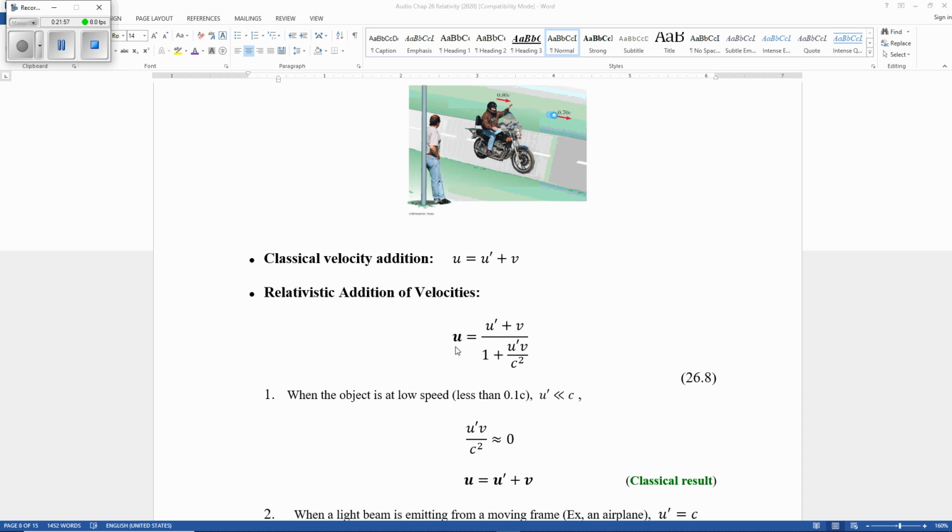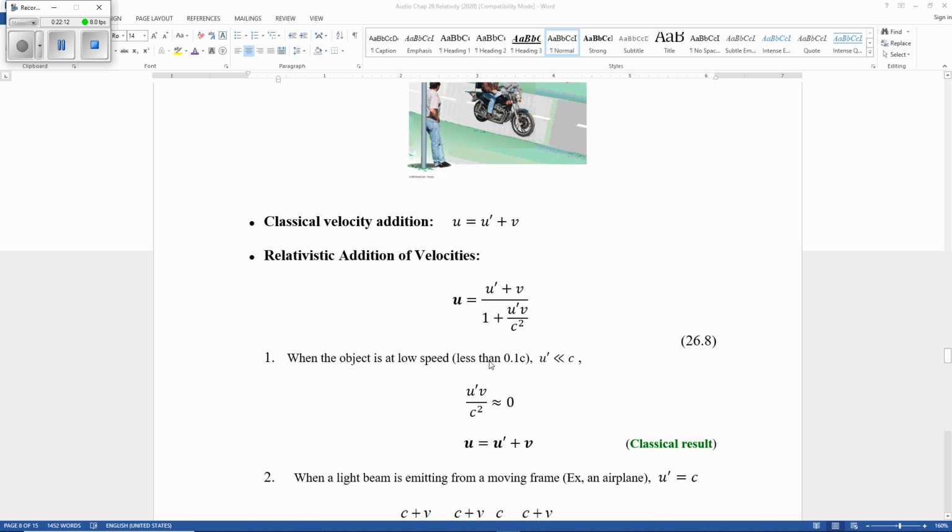And U is the final speed, the speed of the object relative to the Earth. So remember which one is which. Why should we use this one? Is this one right?